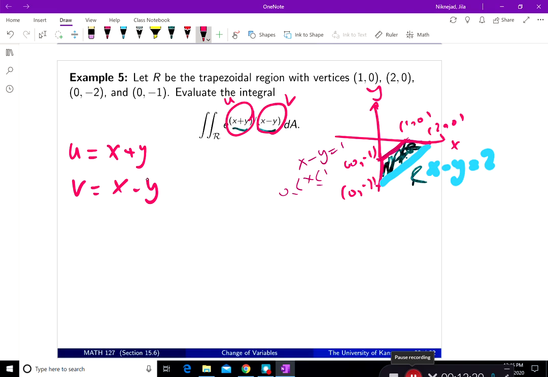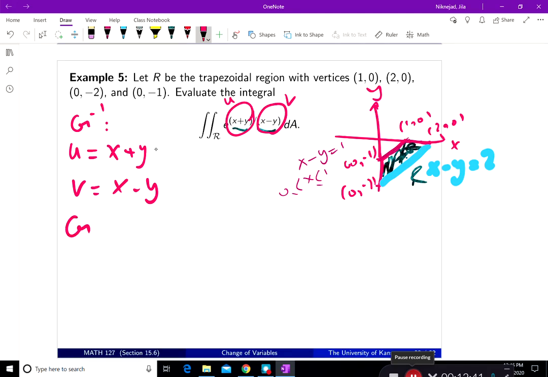So when we're trying to find g, I have to find g of u and v equal to x and y. Here is the other way around. And to find g, see, this is basically g inverse. And to find g, I have to solve for x and I have to solve for y.